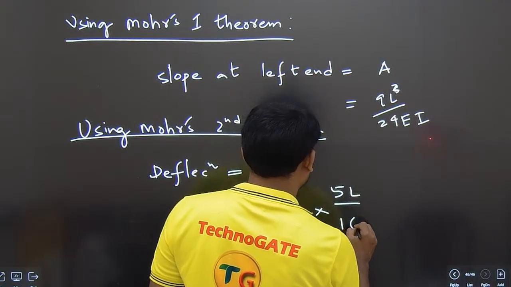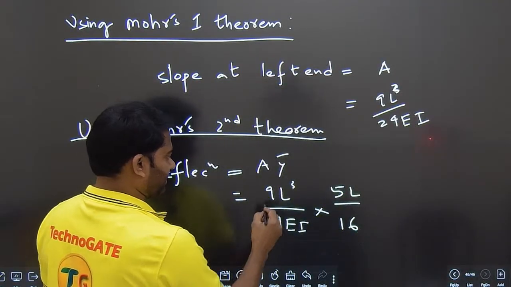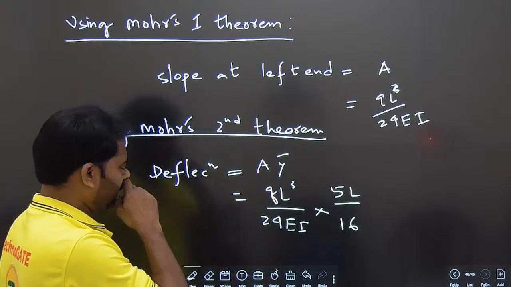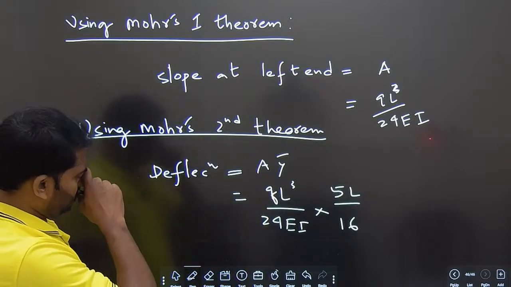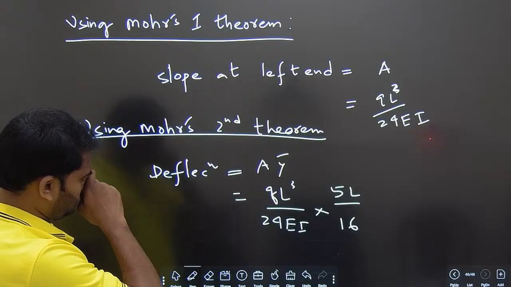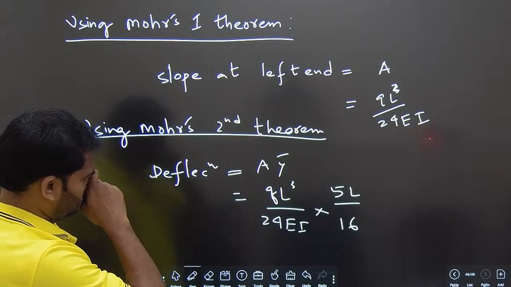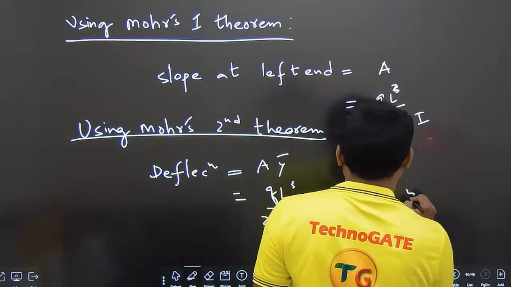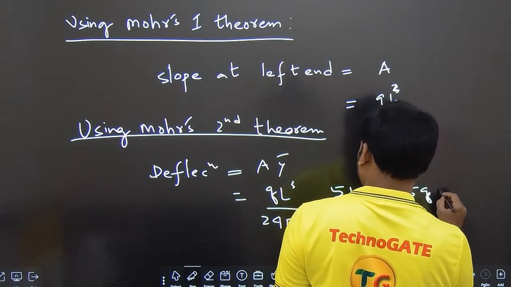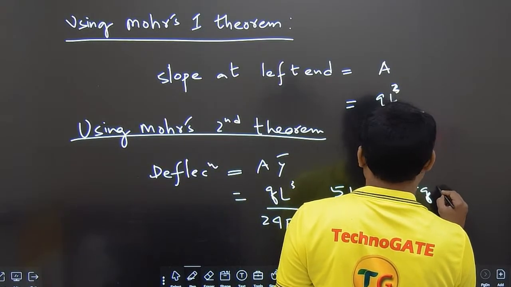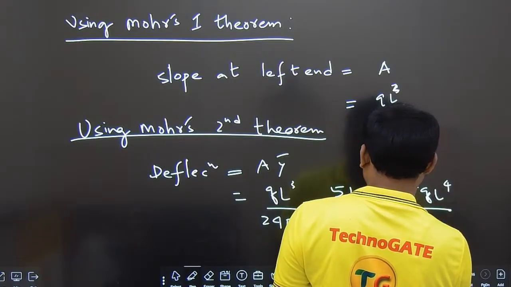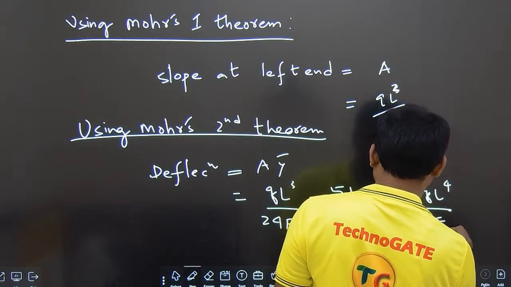If you simplify this, we get 5qL power of 4 by 384. I remember this to be 384.